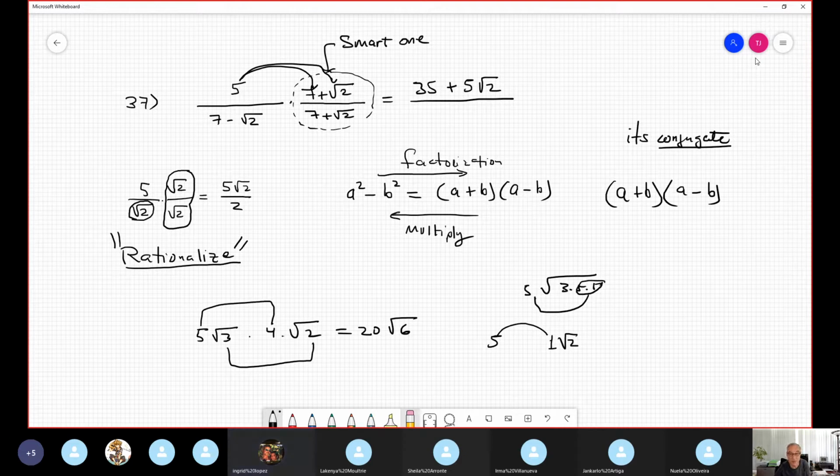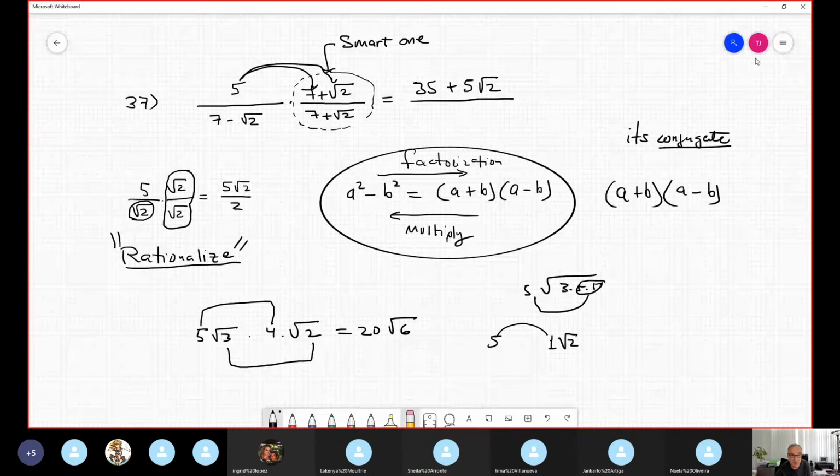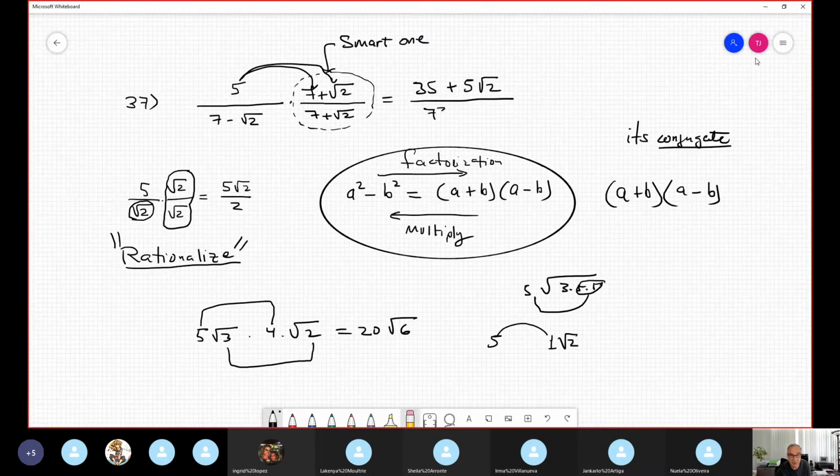Now the bottom part is the most interesting part. You apply the formula. What formula? That formula. Two binomials that are conjugates: the first squared, which is 7 squared, which is 49, minus radical 2 squared, which is just 2. So I did it in that direction.